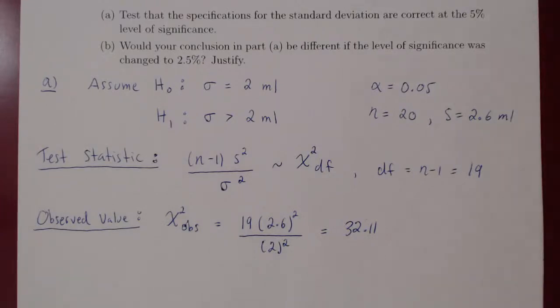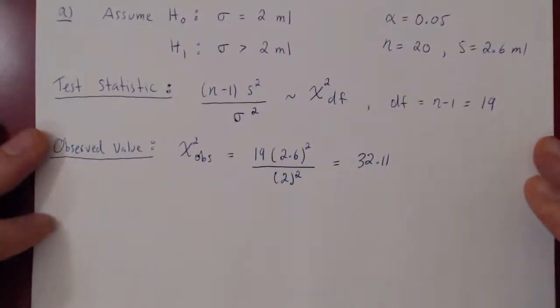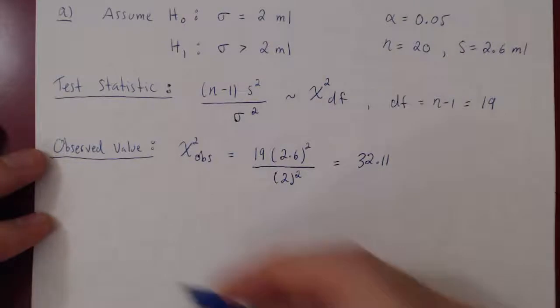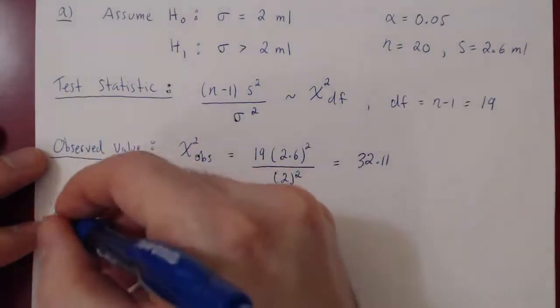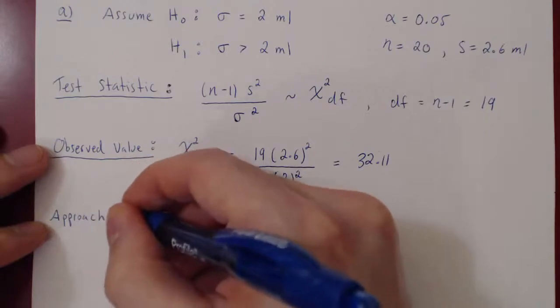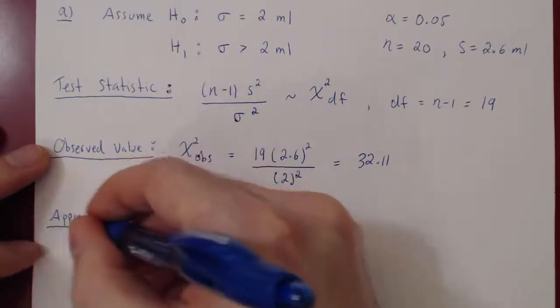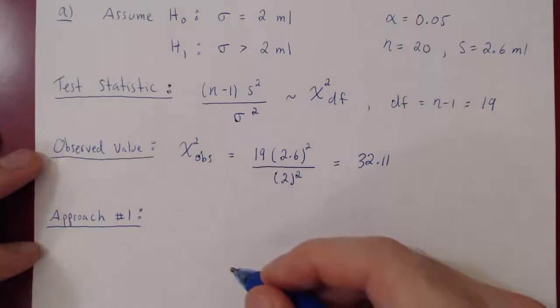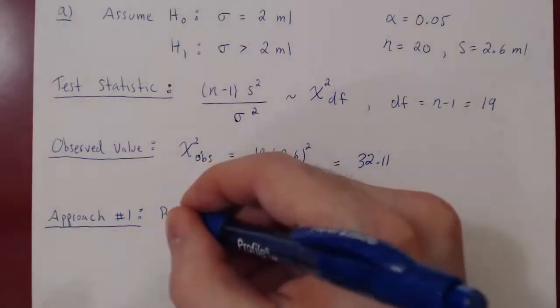Let's start with the rejection region approach, which is the one I will favor in this course. So we now have approach number 1, the so-called rejection region approach.